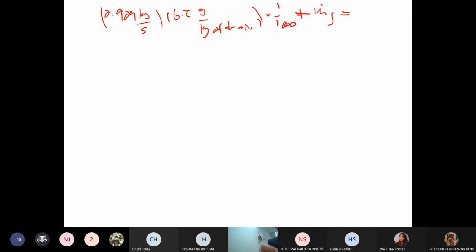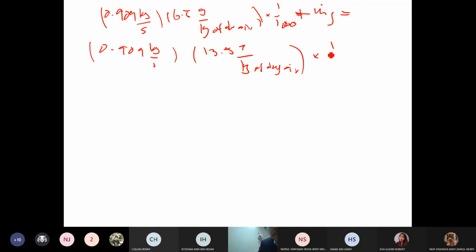M.G equal to 0.909 kilogram per second times (13.5 gram per kilogram of dry air) times 1/1000. This is because I want to balance your units. 1/1000 means 1 kilogram equals 1000 gram.